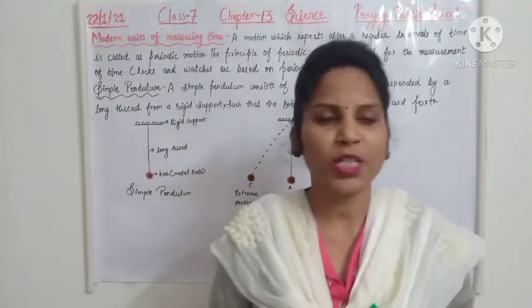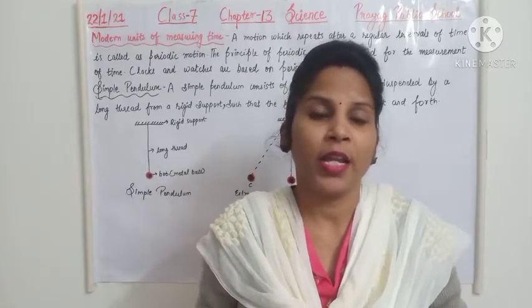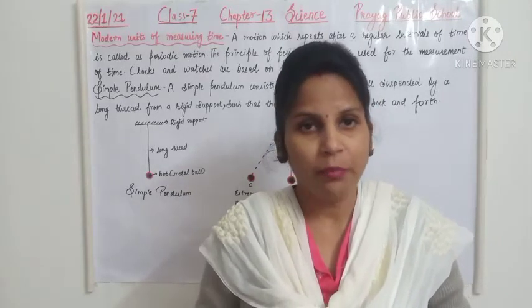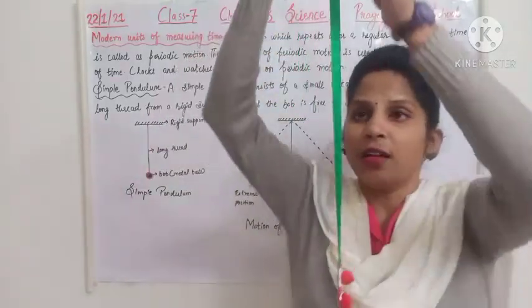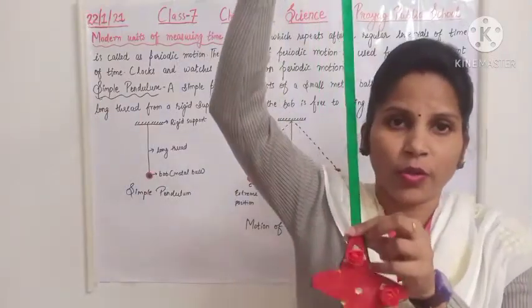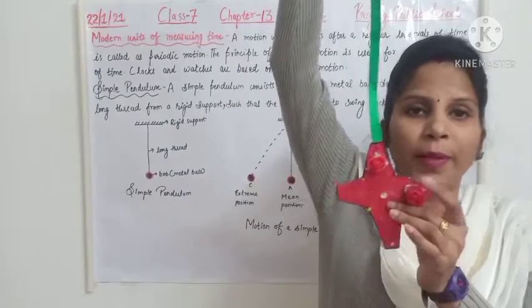Okay children, right now I do not have a simple pendulum, but I can show you through an example how it works. Suppose this is a thread, my hand is the rigid support, and this is the metal bob.